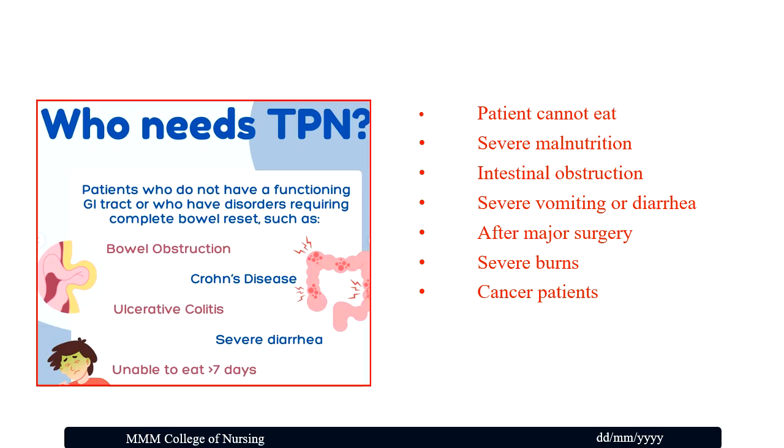So patients who don't have a functioning GI tract or who have disorders as mentioned need a complete bowel reset, such as bowel obstruction, Crohn's disease, ulcerative colitis, severe diarrhea, and those who are unable to eat for more than 7 days. Okay, with this baseline we'll see what it is.